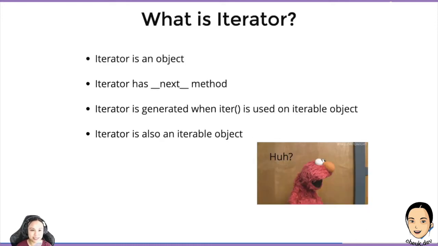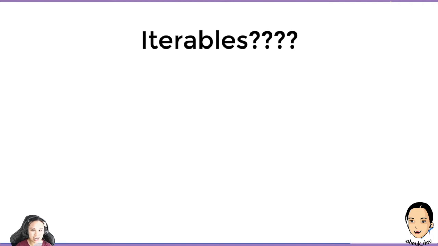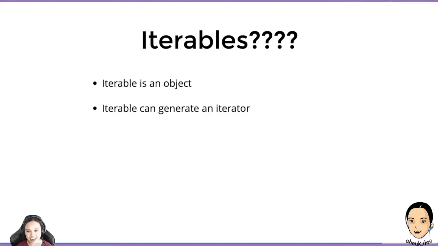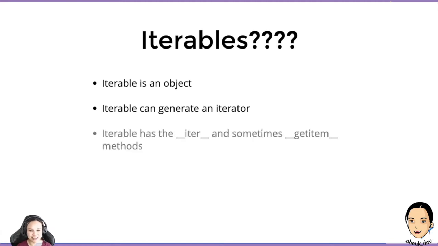So let's see. We have iterables. So what are they? By definition, they are an object, of course, and they can generate an iterator, because that's what we talked about in the last slides, right?